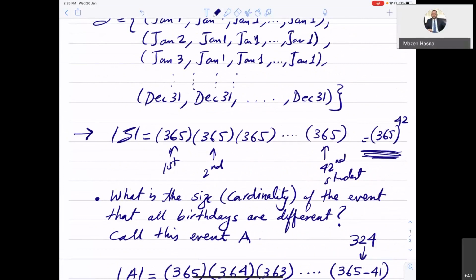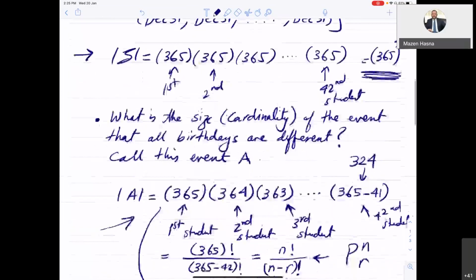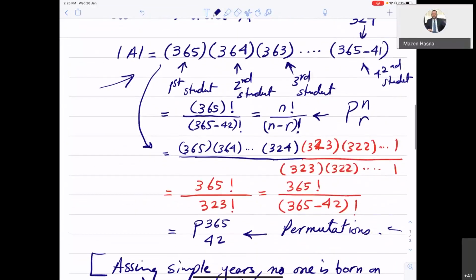All possibilities of all birthdays, that all of you are born on January 1st, all of you are born on January 2nd, all of you have different birthdays for the different combinations. So the sample space has everything. Then we moved and calculated how many possibilities to have different birthdays, that all of you will have different birthdays. It's still a very large number.